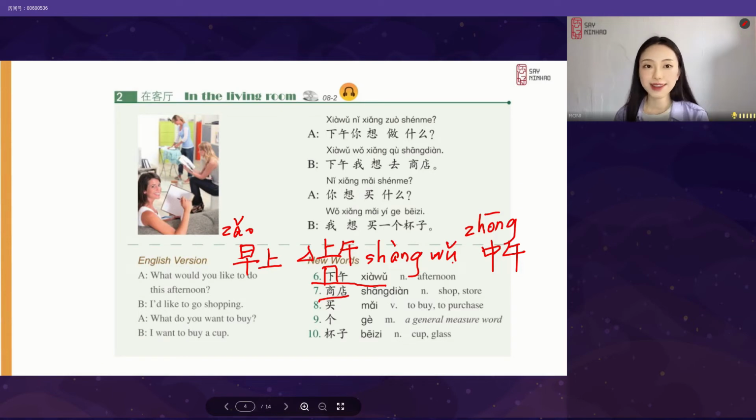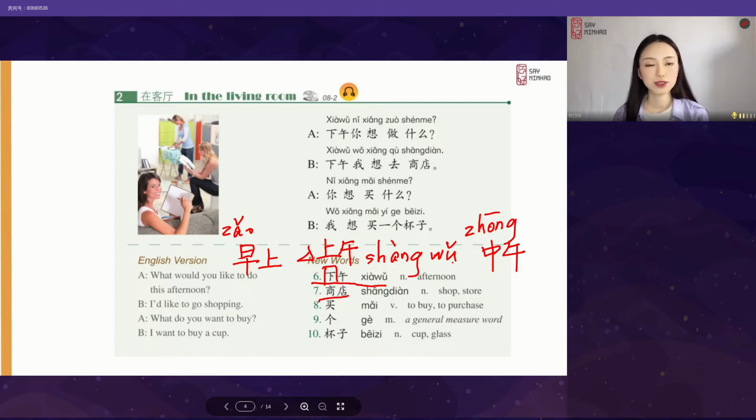To go to somewhere is 去 plus a place, right? So go to the shop is 去商店. And if I say 你去哪儿? then it means where are you going? 哪儿 means where. 你去哪儿? Go where? Where are you going? And try to answer it by using 商店.